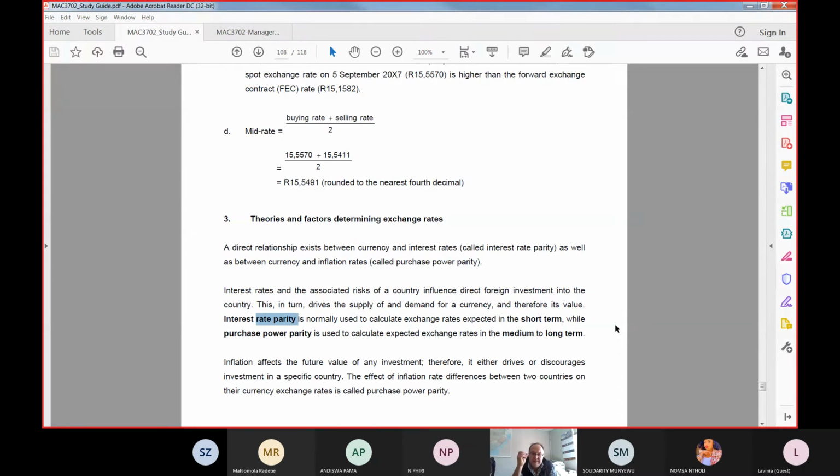So there is a drive, or should I say, there is a relationship between the two. Always, the exchange rate is always being influenced by inflation and interest. Always. Sometimes when we talk about the exchange rate, the interest rate in South Africa at the moment is very low, as we all know.